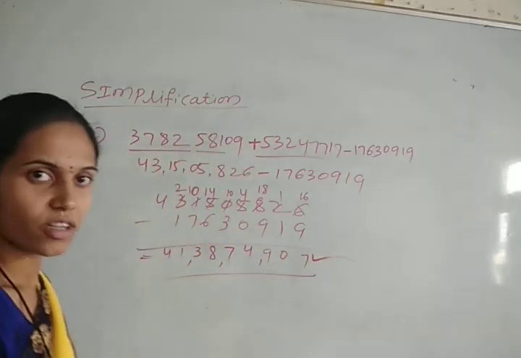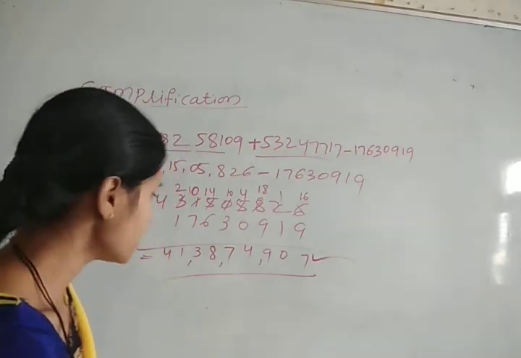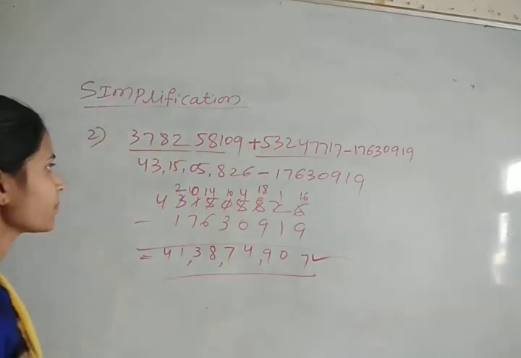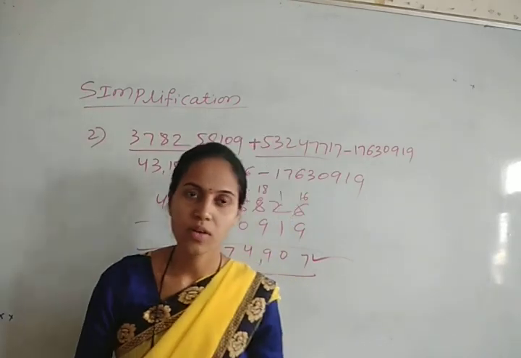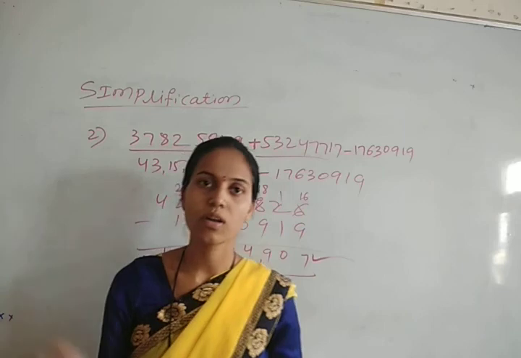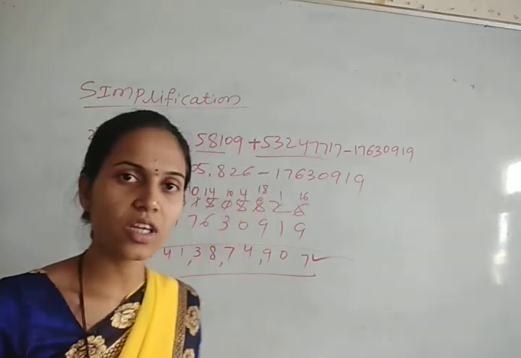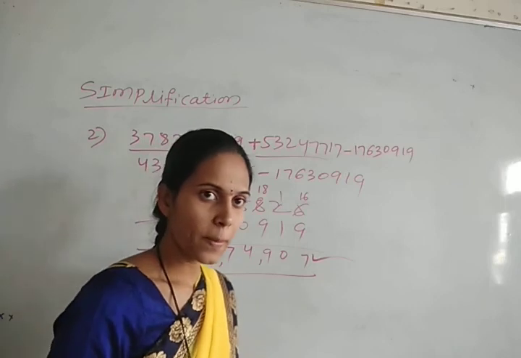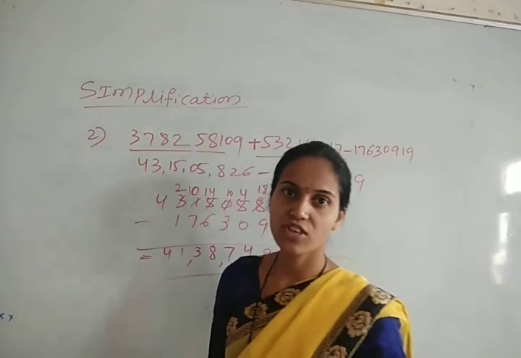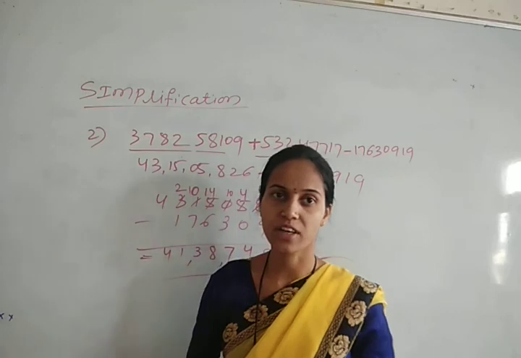You can write in your textbook, but already they have given you. Okay, so like this you can simplify the problems. Like this you can solve the problems involving both addition and subtraction. At first what you need to do? You need to do the addition first, then you can subtract.